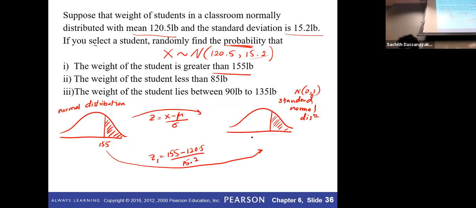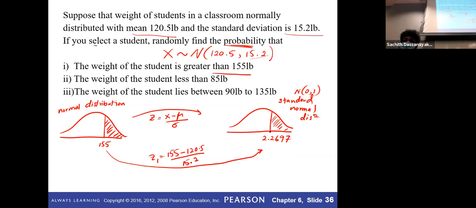So the value is 2.27. It's not the exact one, but let me find the exact one: 2.2697.